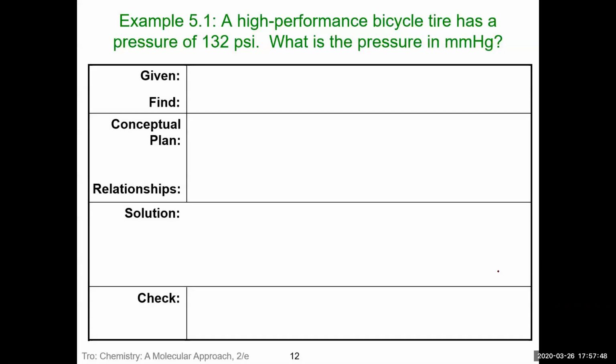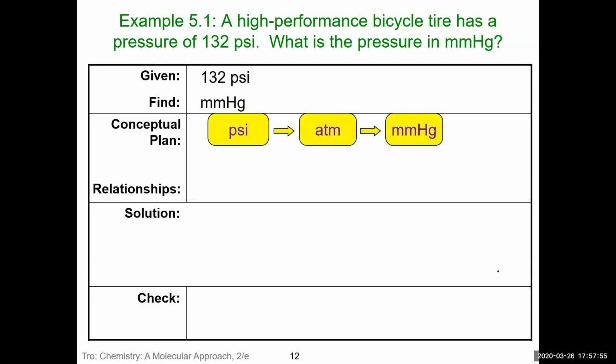Okay, if we're going to actually use this, there are a couple of different units that we're going to need to know, and you don't really need to memorize them, though you'll end up memorizing a couple no matter what. So if we have 132 PSI, what's the pressure in millimeters of mercury? I will always give you most of these conversions.